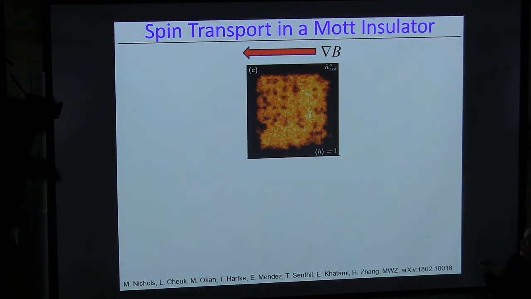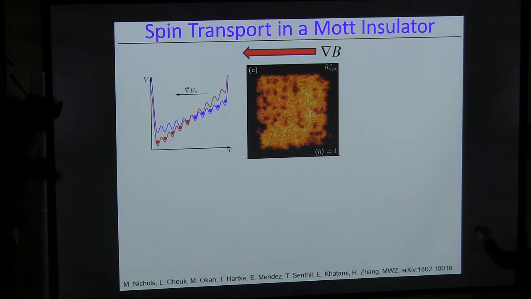But now let's look more closely at what happens inside this Mott insulator. I haven't resolved spin here, so I should now check what happens to spin. And spin is going to be interesting because the two spin states that we are using here in potassium-40 have actually different magnetic moments, which is a very nice handle.